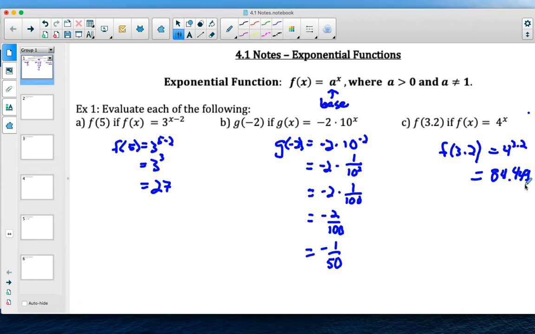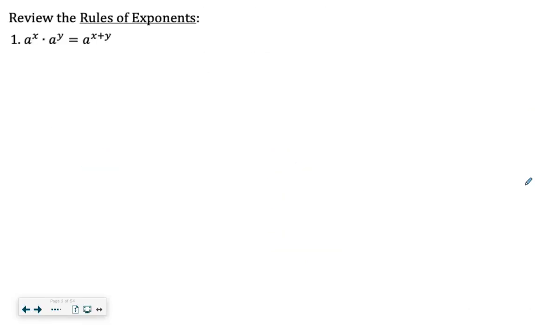All right, so let's then review the rules of exponents. Okay, that's going to be important when we're talking about exponential functions. So here, if I have some number to an exponent times that same number to a different exponent, to combine those into the same term, I would just add the exponents together.